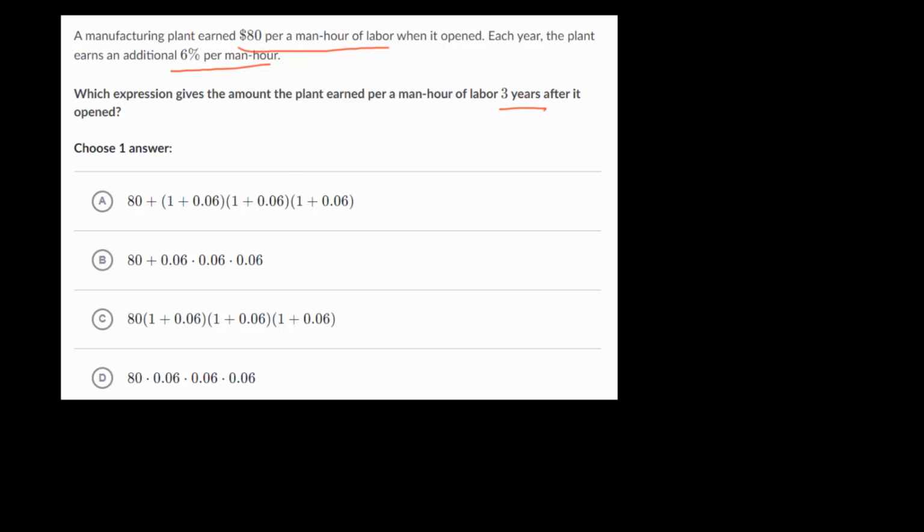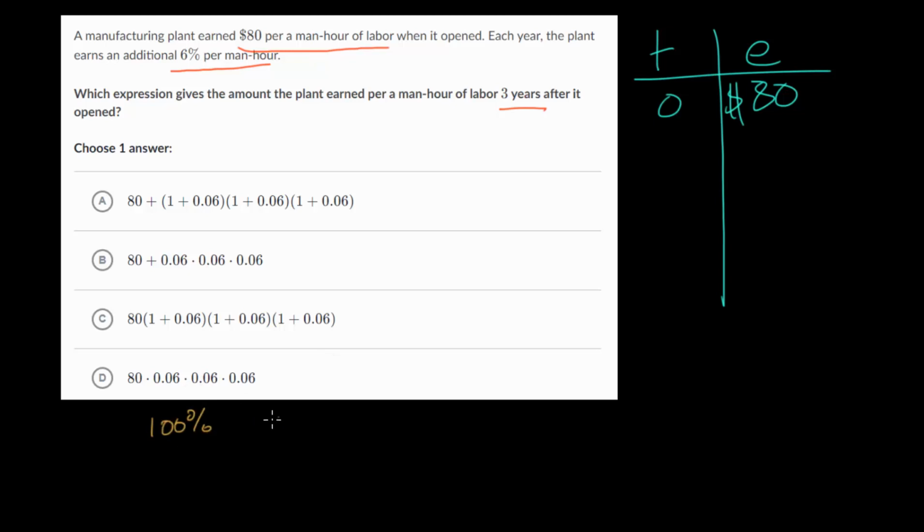So this is just like our previous problems, where let's say we have time, and we can use E for earning. So at time 0, it's earning $80. And our growth rate, we have this 6%, and we're going to add that to the original amount since we're increasing it by 6%. So really, we're taking 100% of what we have and then adding 6% to that.